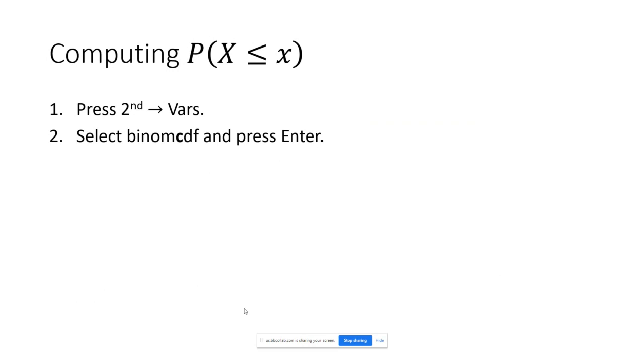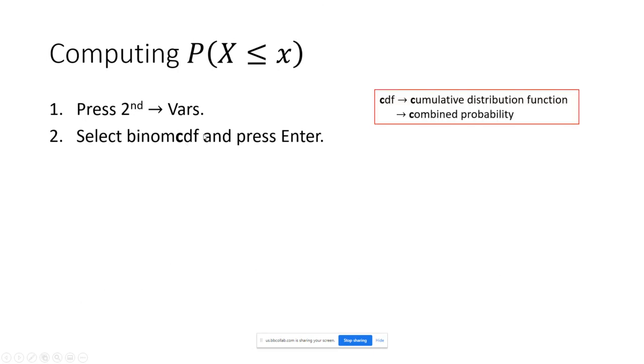Similarly, if we want to compute the probability of x being less than or equal to x, you can press second and then vars, but then choose binom CDF. The C in CDF stands for cumulative distribution function.